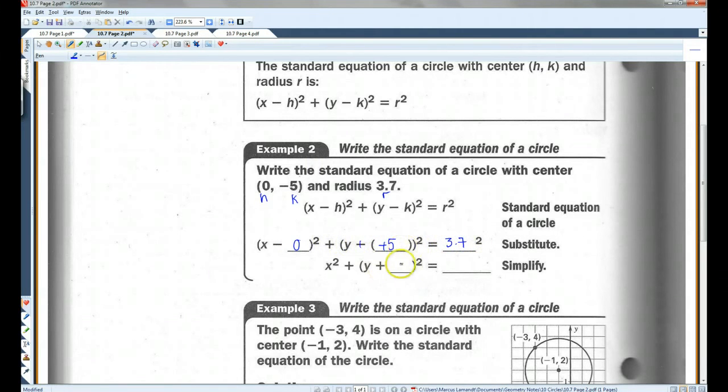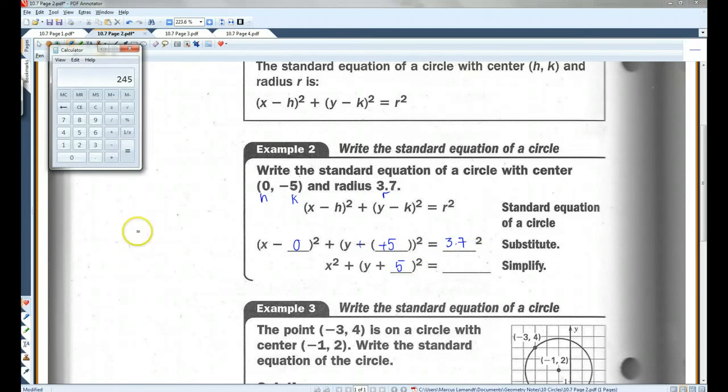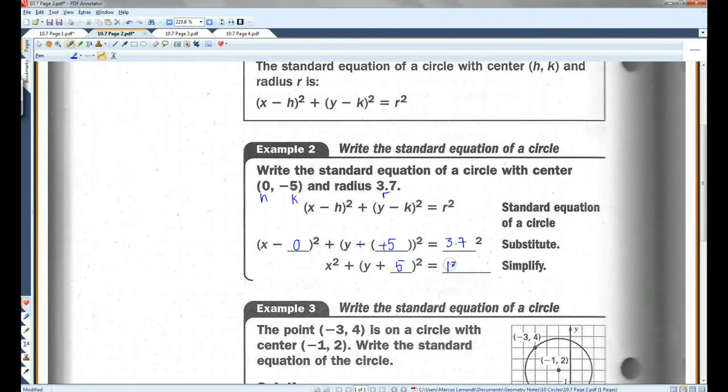This becomes positive, so I have (y plus 5) squared. 3.7 squared, let's pull out a calculator. 13.69. Okay, there you go.